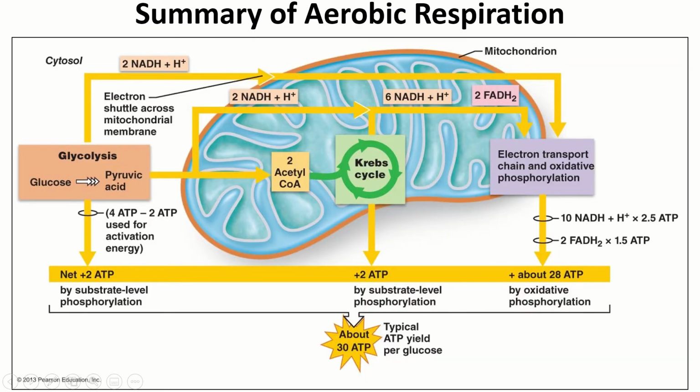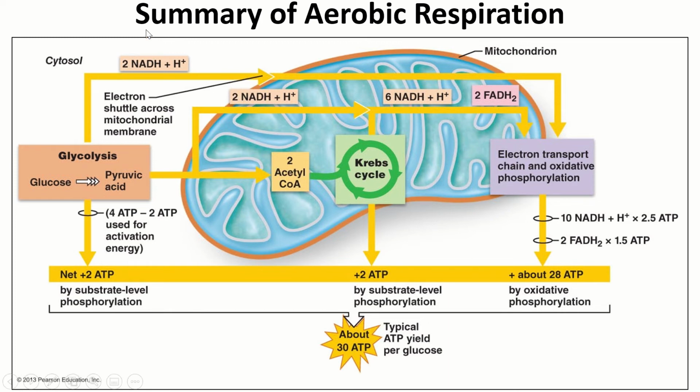I like this image even though it's not from your textbook because it summarizes the steps of aerobic respiration. The reason I bring it up is because the first thing we look at here is going to be glycolysis. So note, glycolysis can occur on its own or it can occur as a part of aerobic respiration.